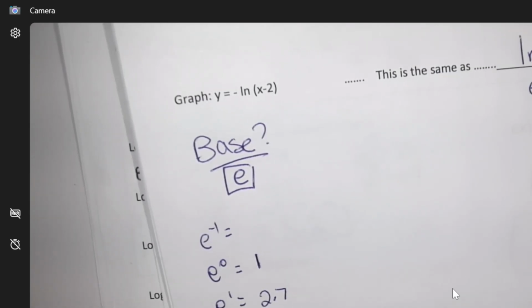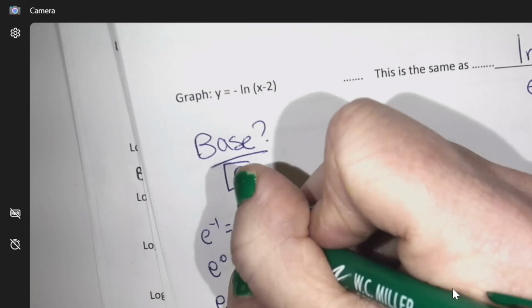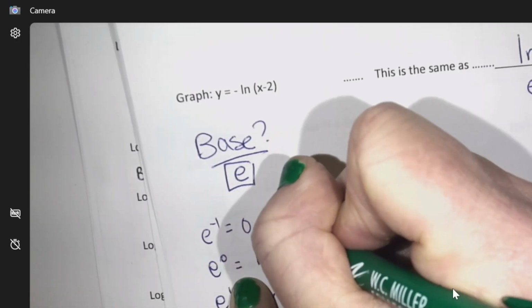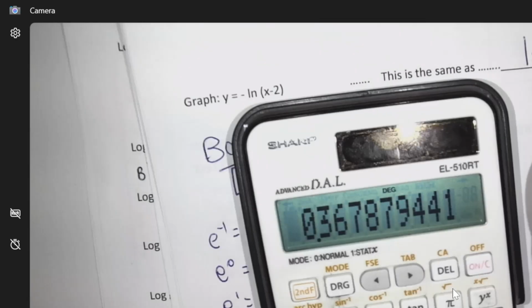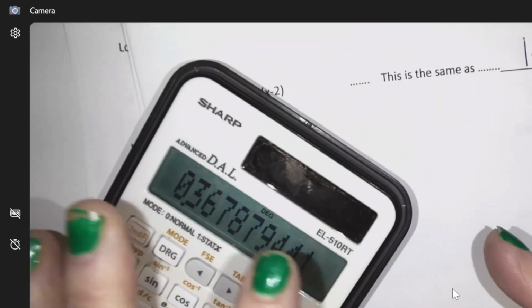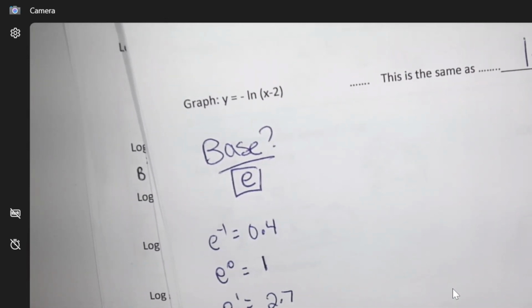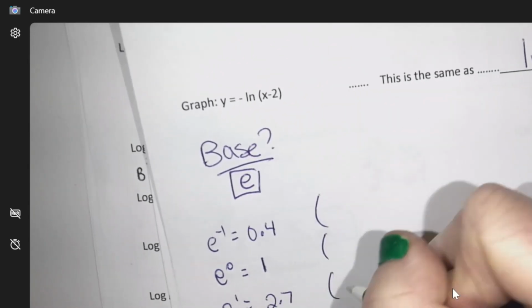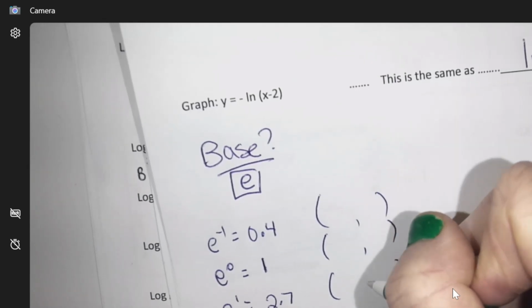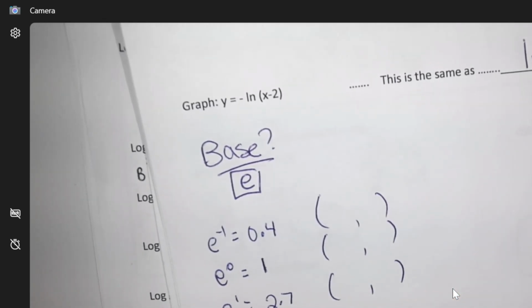Okay, did anybody get this one? 0.36. Can I just do 0.4 because it's a graph? It's a graph, so I'm not going to know. Okay, this is a log.